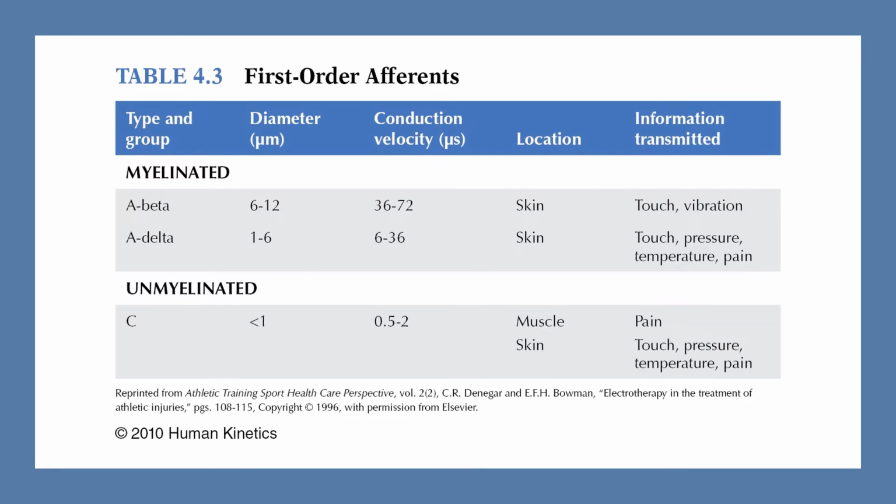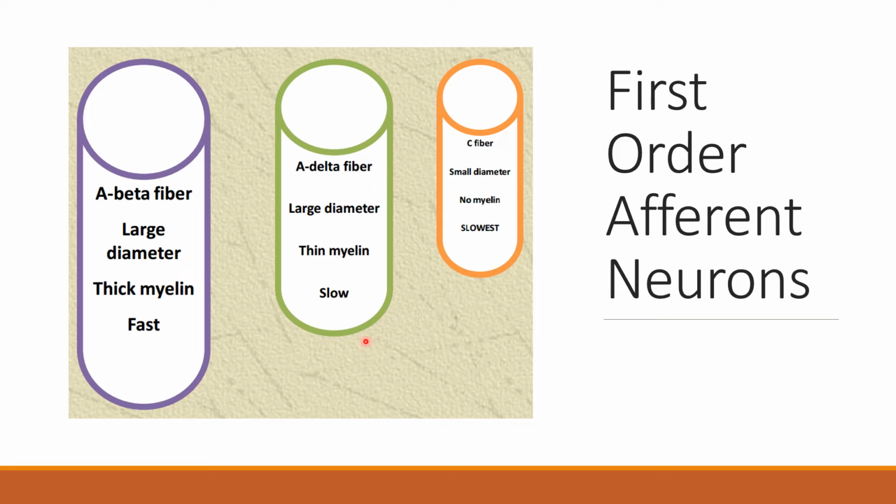But when all is said and done, what I want you to think of, A beta are large diameter, thick, myelinated, and are fast. A delta are large diameter, they're thinly myelinated, and they're slow. And then C fibers, small diameter, no myelination, and are the slowest.